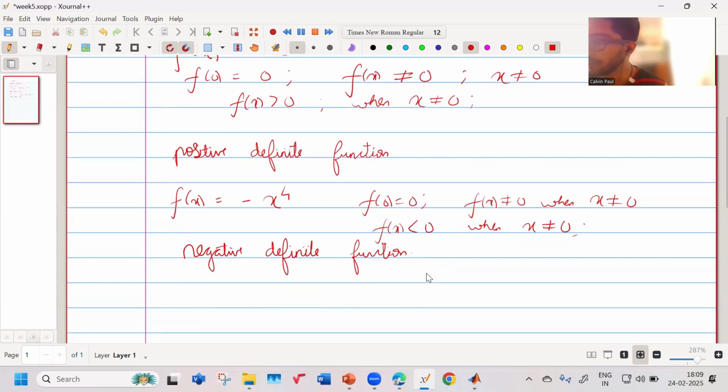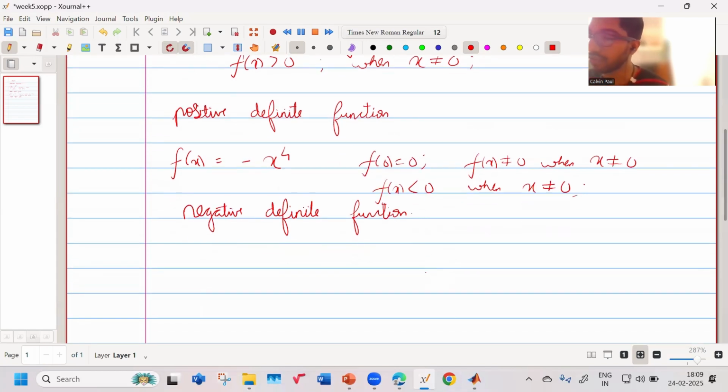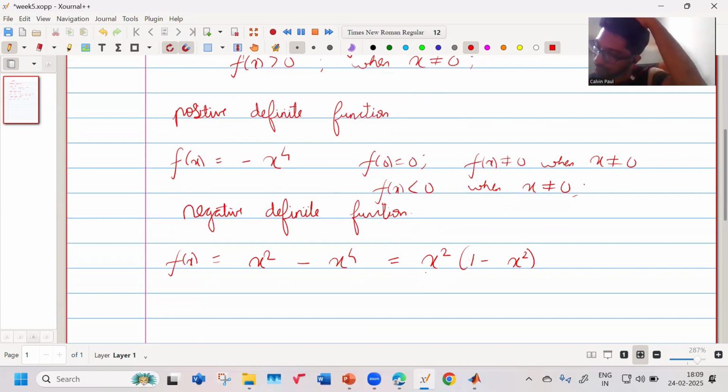Suppose our function f of x was, let us say, x squared minus x raised to 4. So this would be x squared into 1 minus x squared.